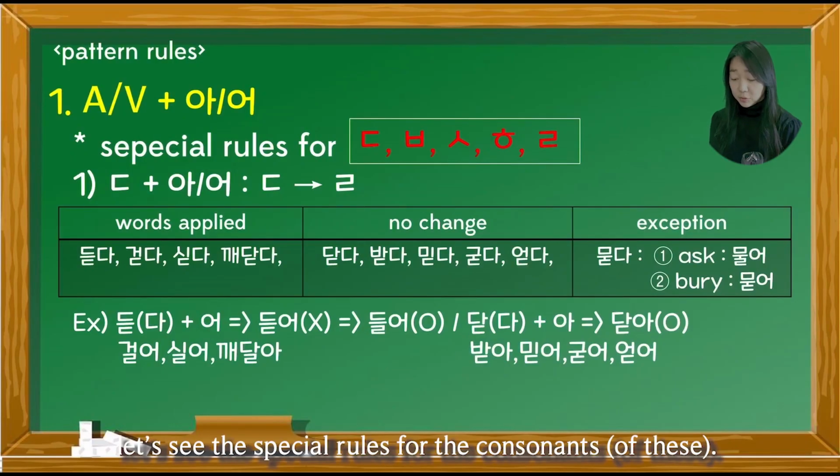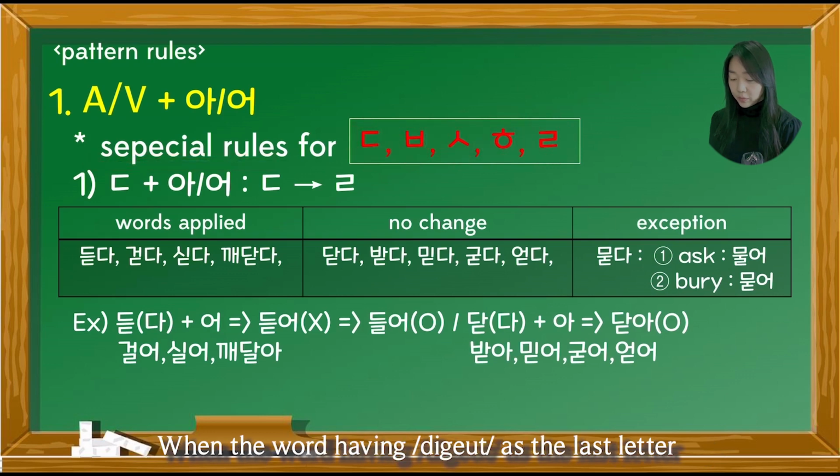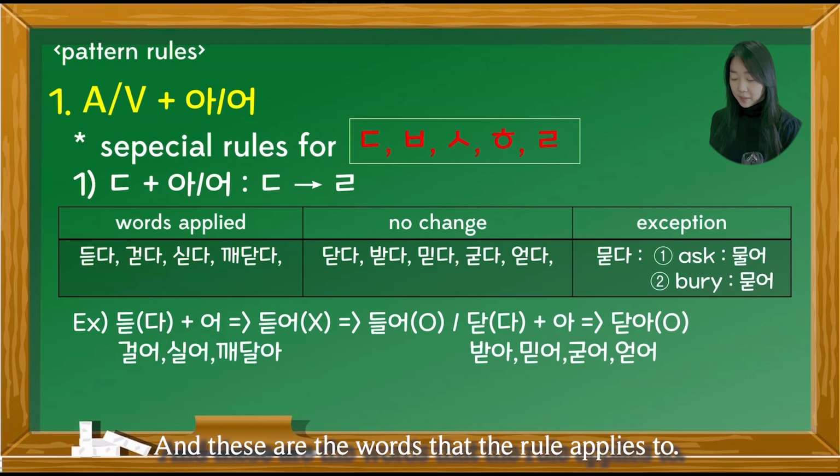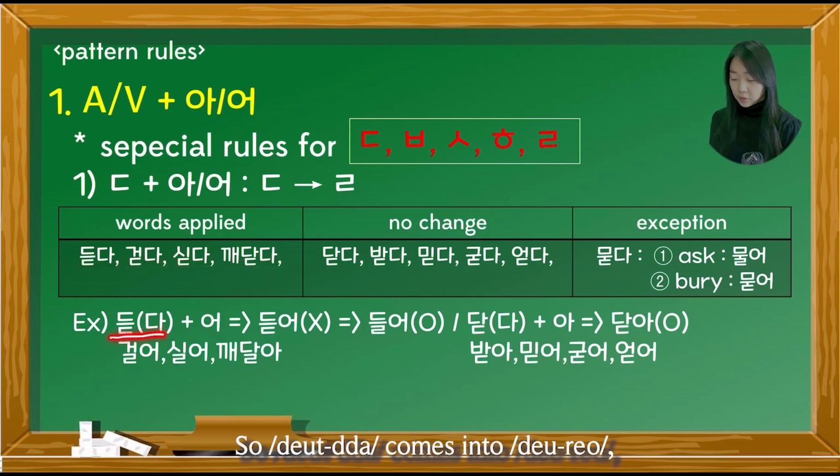Let's see the special rules for the consonants 디귿, 비읍, 시옷, 히읗, 리을. When the word having 디귿 as the last letter is combined with a, the consonant 디귿 turns 리을. And these are the words that the rule applies to. So 듣다 comes into 들어.